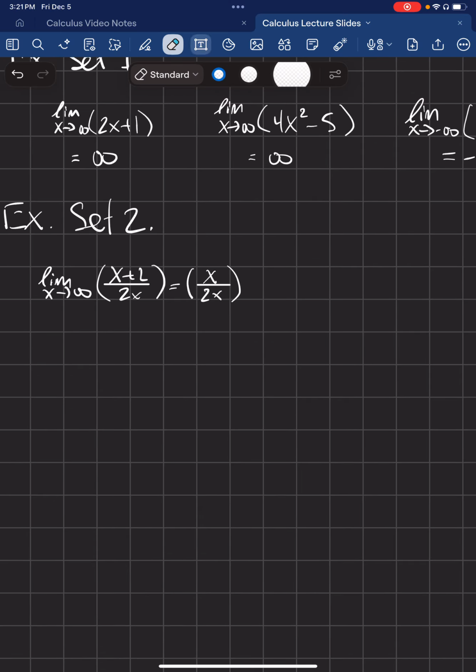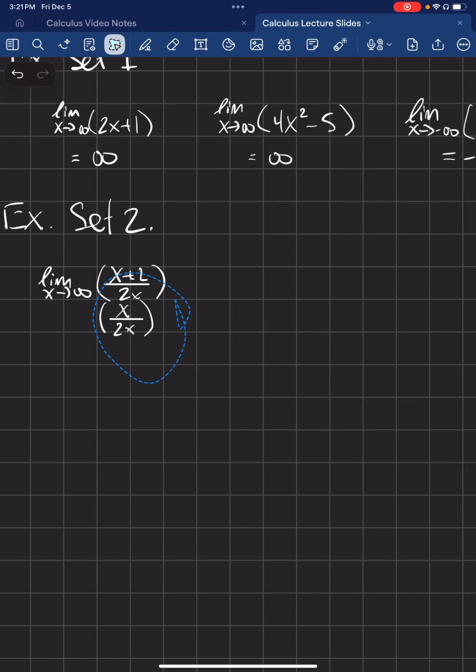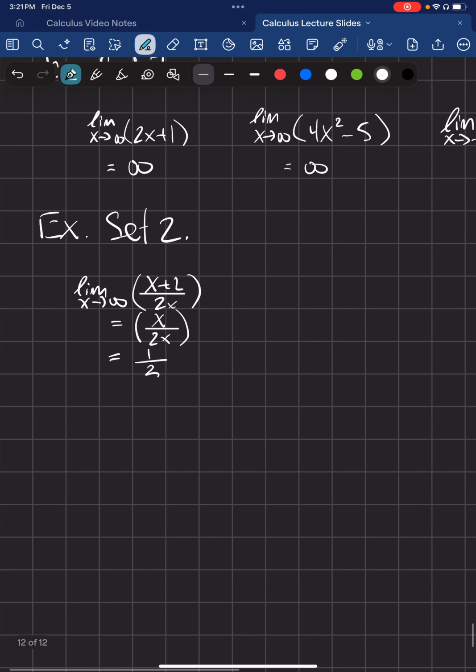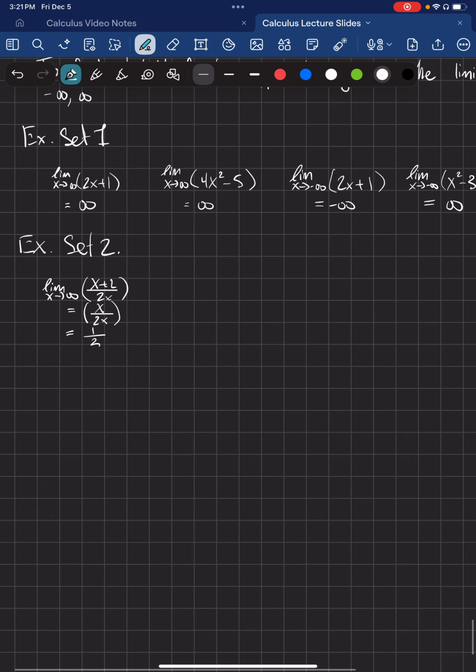Hold on here, let me move this down. We can then say that this is equal to 1 over 2 if we take out the x. So our function, x over 2x, with the limit as x approaches infinity, is going to approach 1/2 as a value.